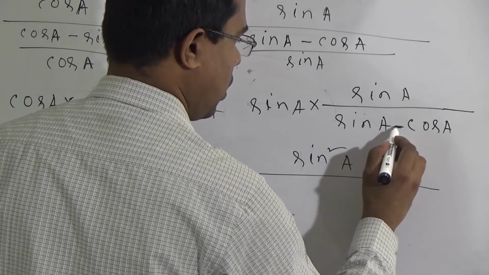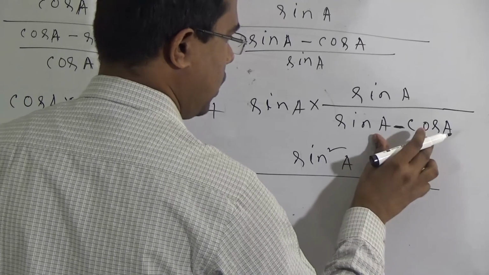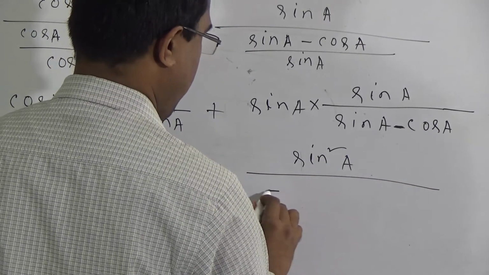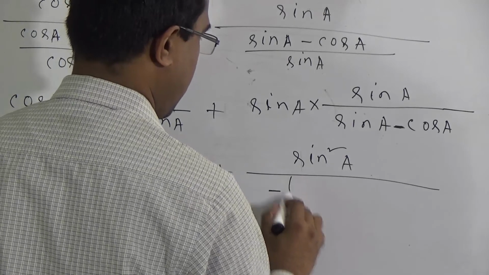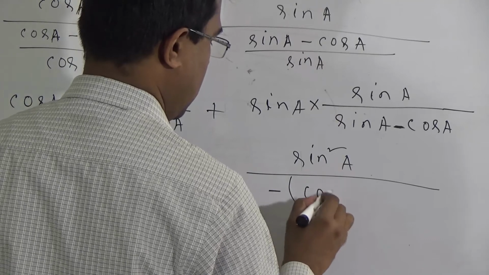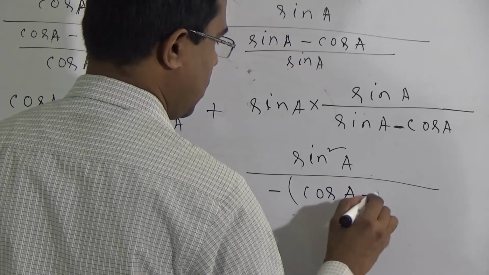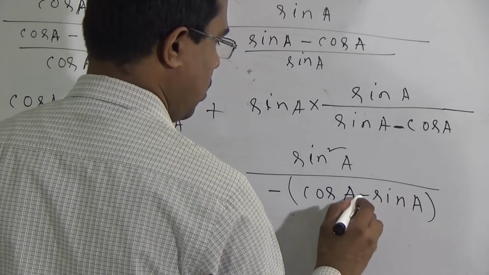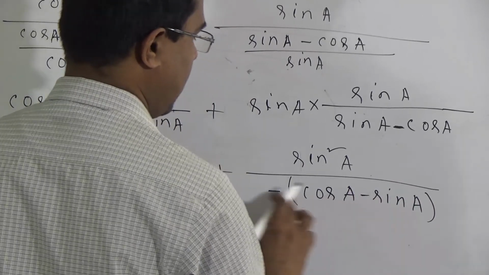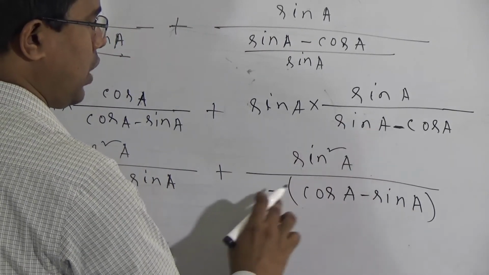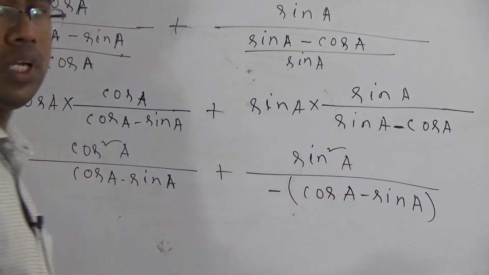So we want to write it as like as it. For that we can take minus sign in front of first bracket, and inside of bracket we can write cos A minus sin A. If we multiply plus cos A and minus sin A by this minus, then minus cos A plus sin A will come.